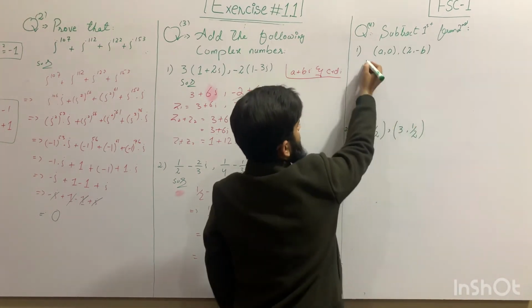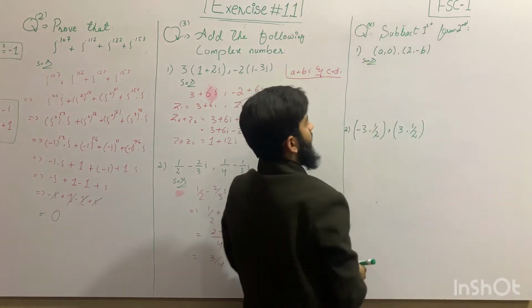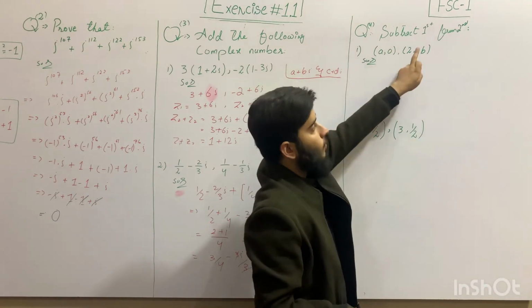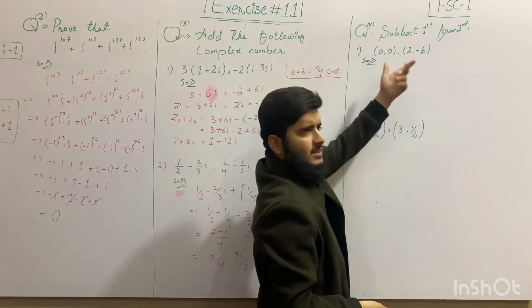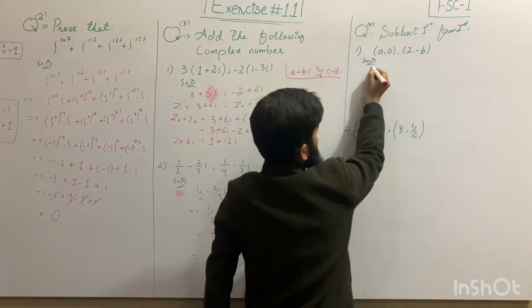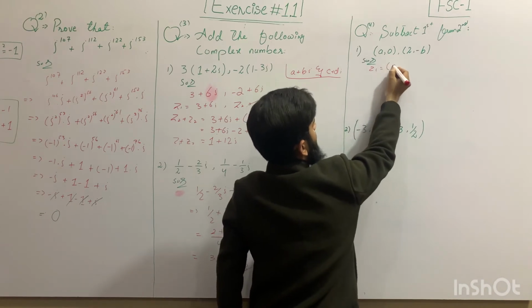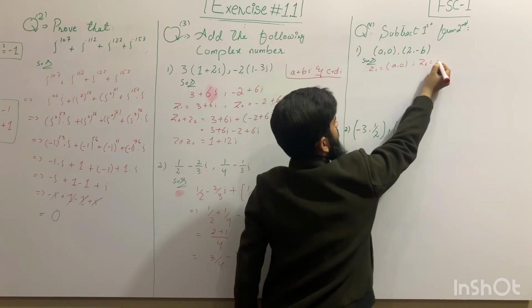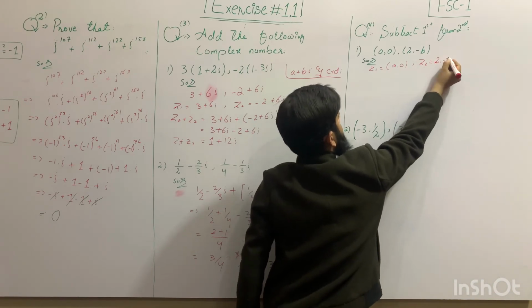So here in the solution, remember that we are subtracting this term from this one. So I will take Z1 equal to this and Z2 equal to this. Here Z1 is equal to A plus 0 iota while Z2 is equal to 2 minus B iota.